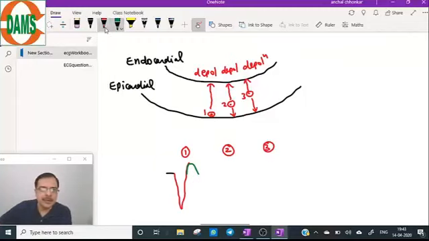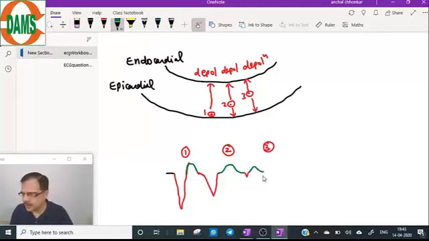Now number two QRS complex will be shorter, and number three will be even shorter. First will be maximum negative, and the last one will be very much less negative. So the QRS complexes are changed.